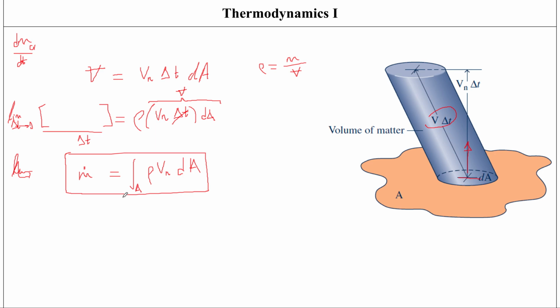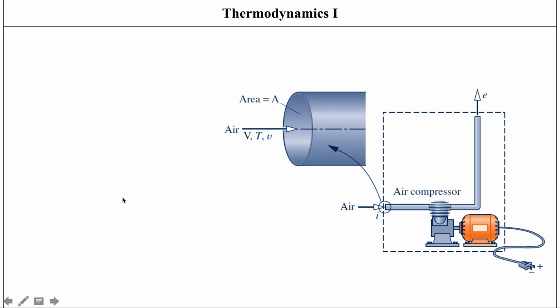So in order for us to simplify it, what we do is that we go to the one-dimensional flow model, and what the one-dimensional flow model means is that it's an ideal model, and the flow is called one-dimensional if it fulfills two conditions.